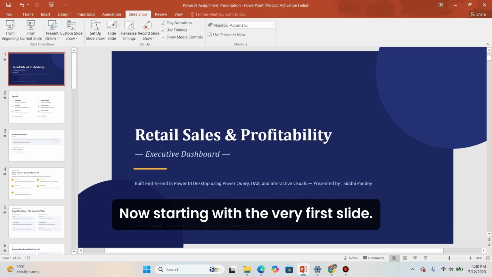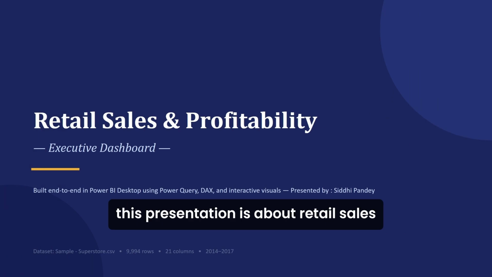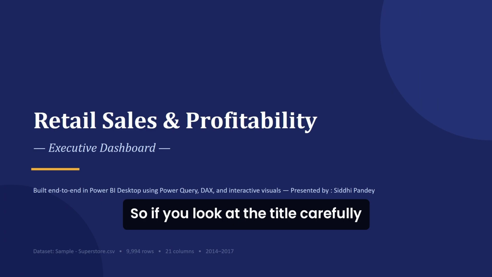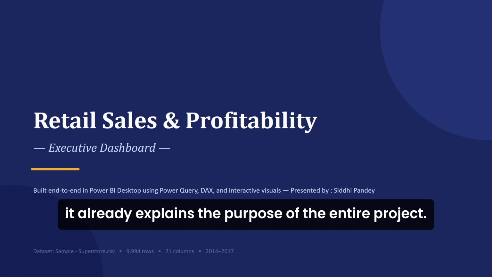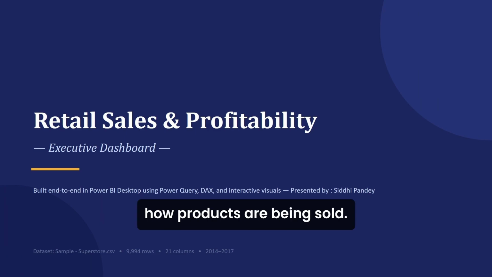Now, starting with the very first slide. As you can see on screen, this presentation is about retail sales and profitability analysis using Power BI. If you look at the title carefully, it already explains the purpose of the entire project. Retail sales means we are analyzing how products are being sold.